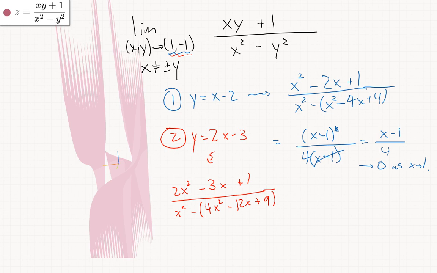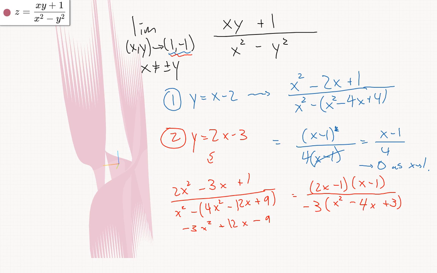So the bottom is going to be negative 3x squared plus 12x minus 9. So we can factor the top. The top is (2x minus 1) times (x minus 1). The bottom, we can factor out a negative 3, and then we'll be left with x squared minus 4x plus 3.